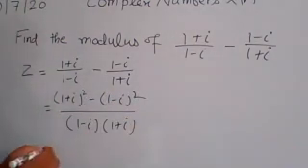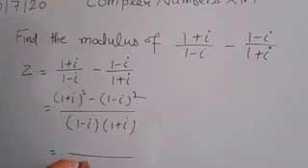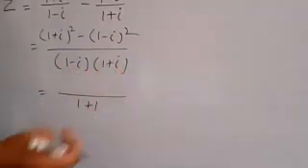Simplifying, in the denominator you have 1 + 1, because you have i², and you know the value of i² is −1.